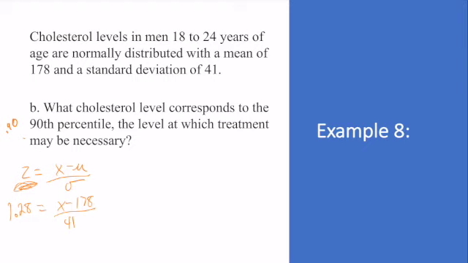So let's go ahead and do that, and I will get that 230.48 equals x. But I've got to round up, right? So 231 equals x. So the level of cholesterol that corresponds to the 90th percentile is 231.